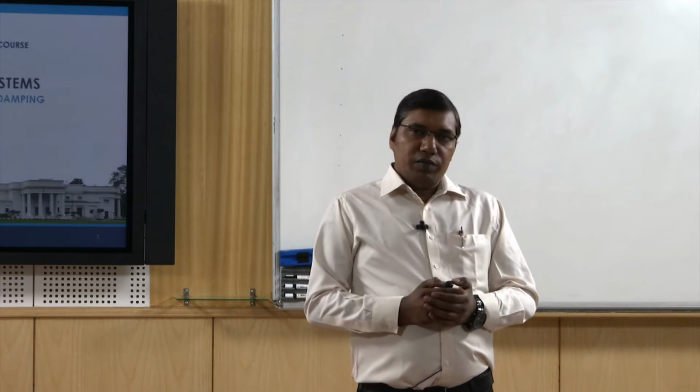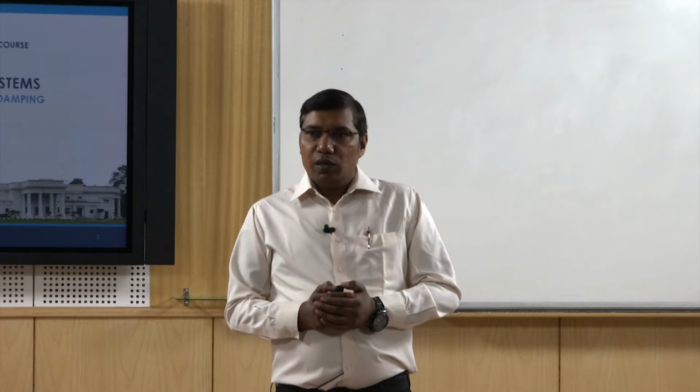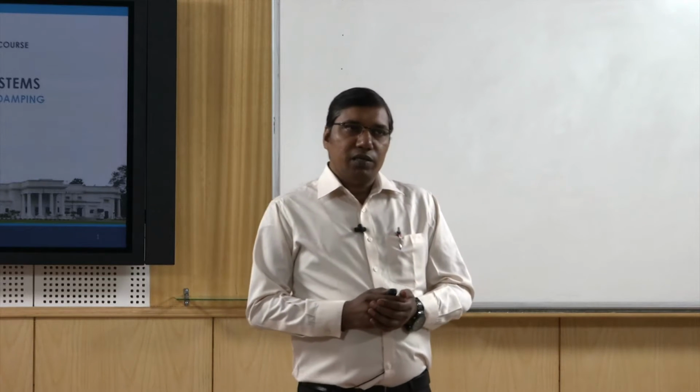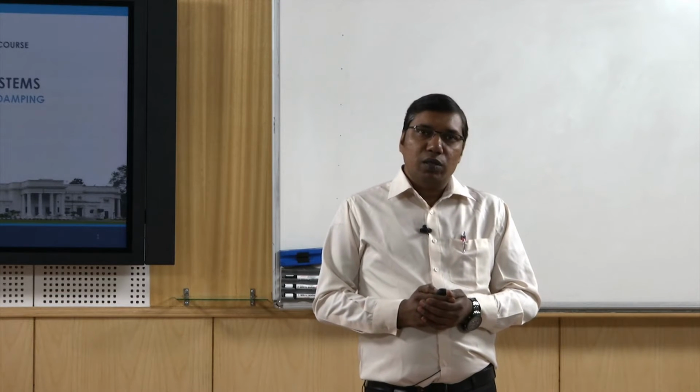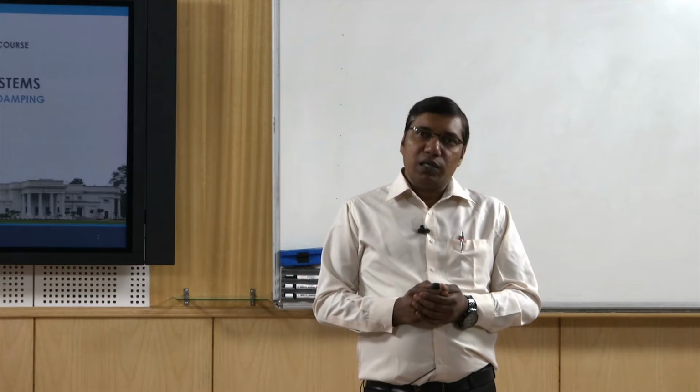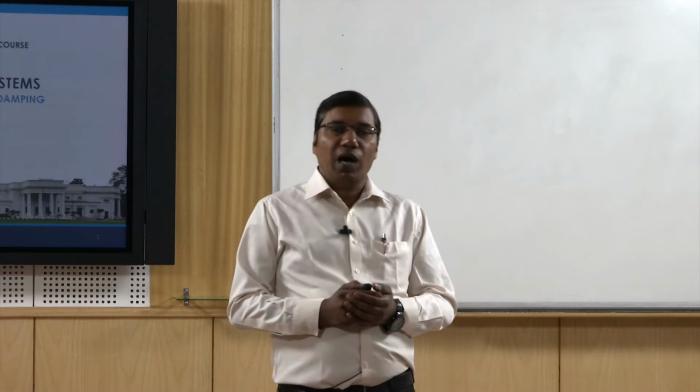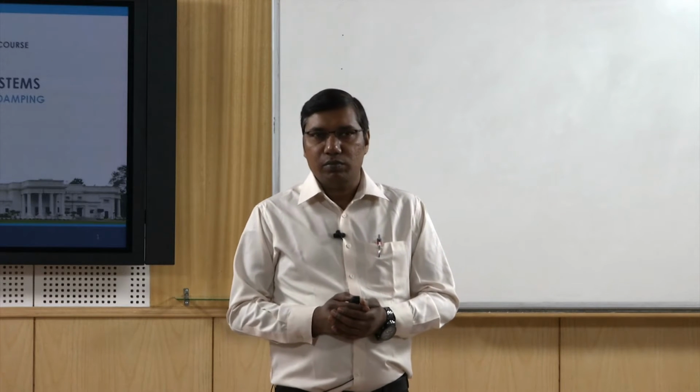So today we have to discuss how much energy is given to a single degree of freedom system when there is some harmonic force applied to the system, like F equal to F0 sin omega t.